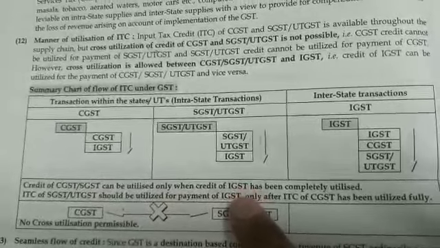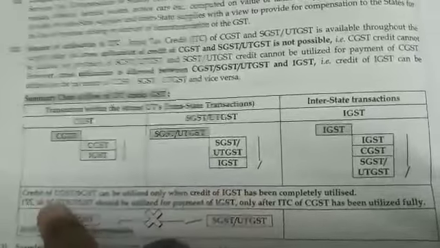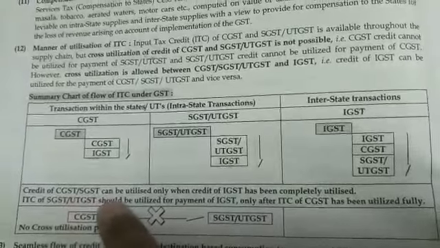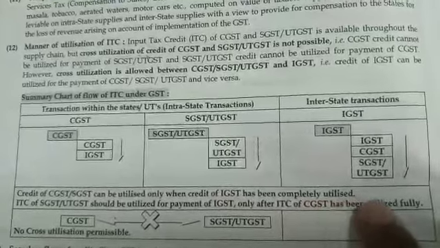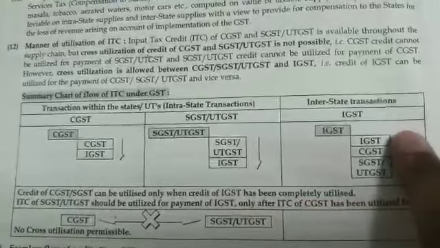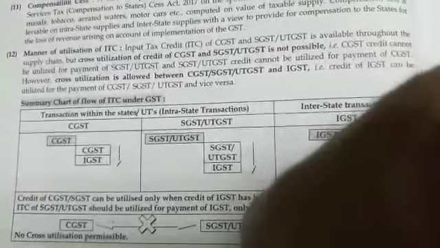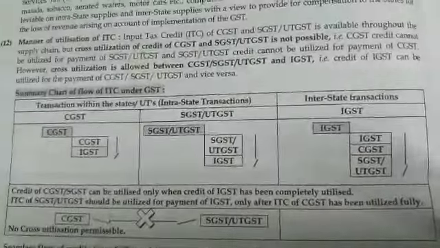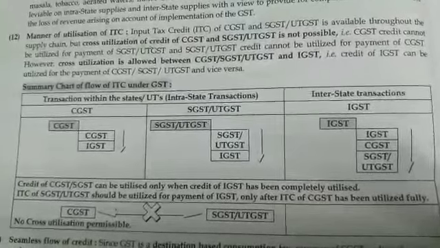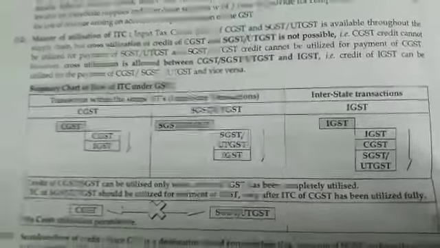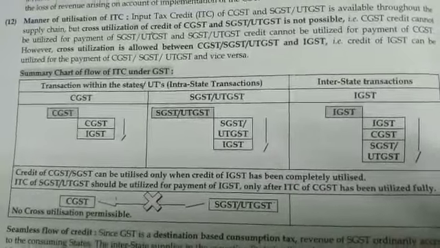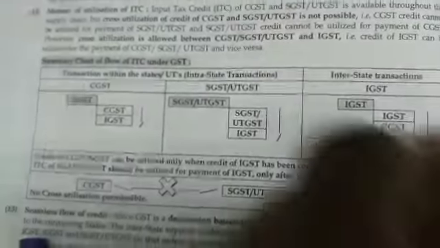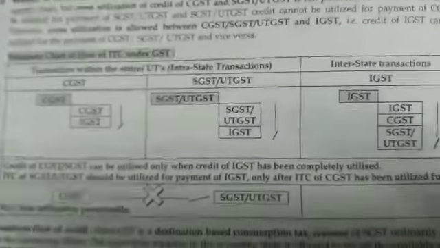Against the output tax of IGST, we can take the credit of SGST and UTGST only after utilization of credit of IGST. That means first against output tax of IGST, we have to take credit of IGST, then we have to take credit of CGST, and then finally we have to take credit of SGST and UTGST. This is the order of taking input tax credit.